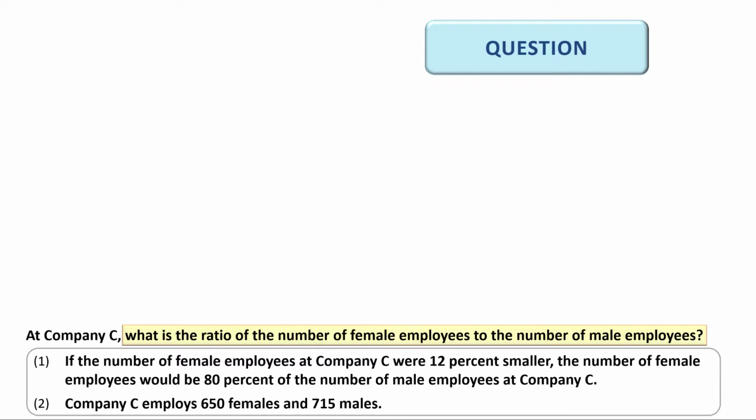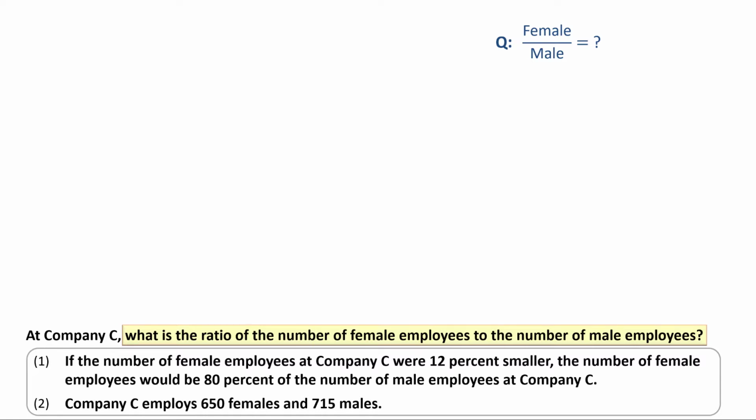On our scratch paper we write Q for question, then female over male equals question mark. We don't need to specify that this female to male ratio is for company C employees, because when we skimmed the statements we saw that everybody in this problem is employed by company C.